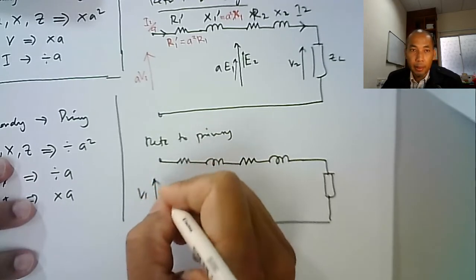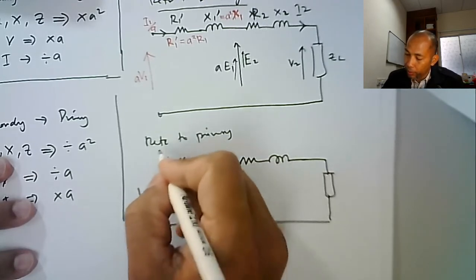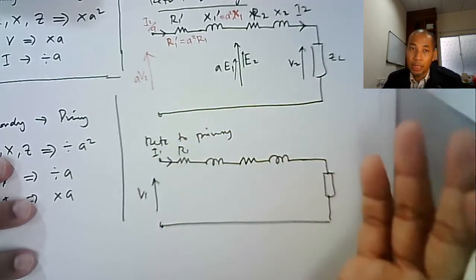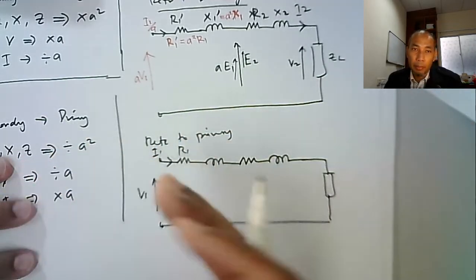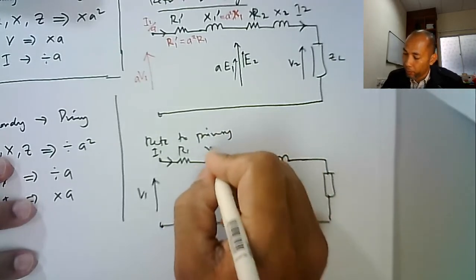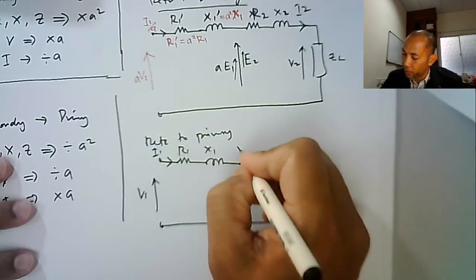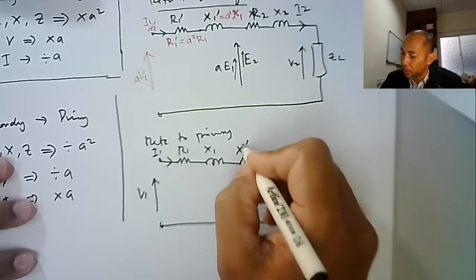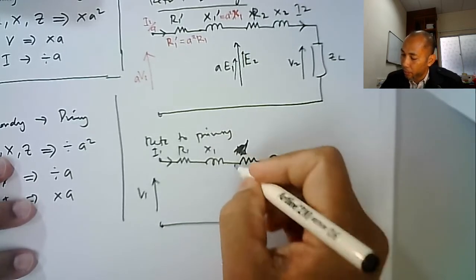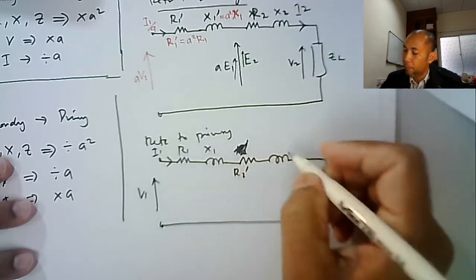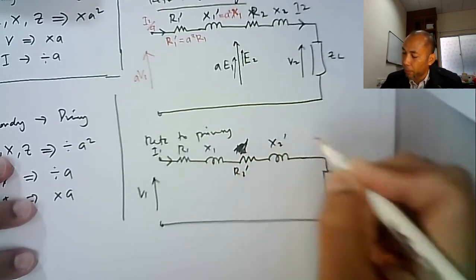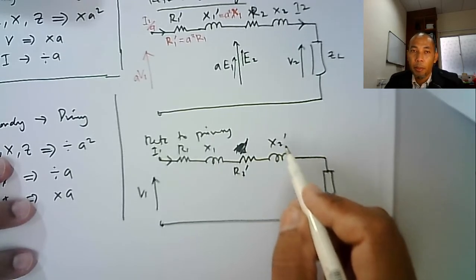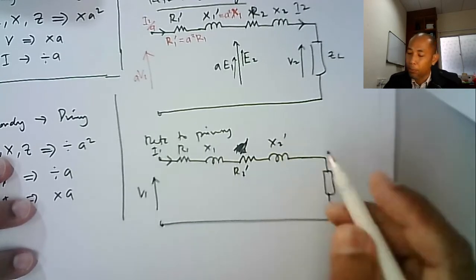Maintain V1, maintain I1, maintain R1, X1, because all the parameters from secondary we bring to primary. Here is R2 prime, X2 prime, which come from the secondary brought to primary.